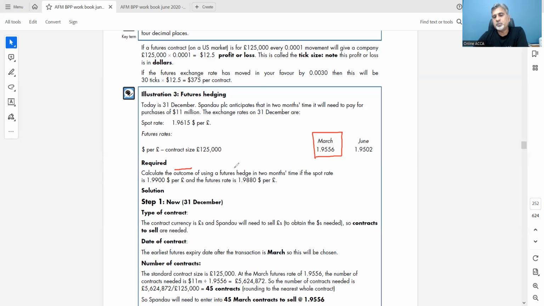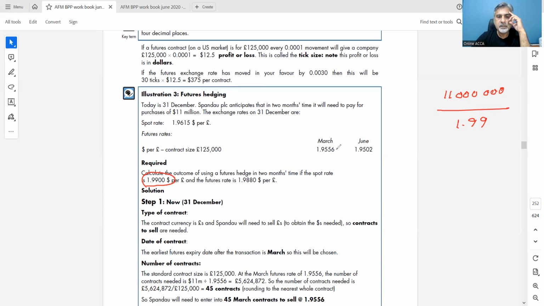Calculate the outcome of using a future hedge in 2 months' time if the spot rate is 1.990 per dollar and the future rate is $1.988. Now, what is happening? If the spot rate in the real market goes to $1.99, then the $11 million which you need to purchase, you will purchase at 1.99.